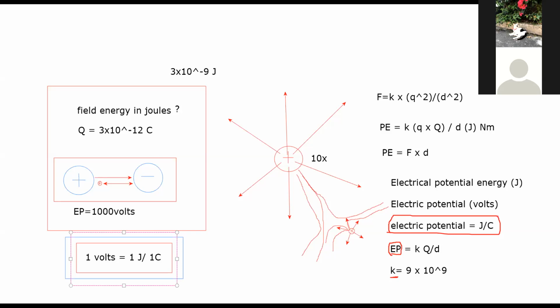I'm so confused. How do you find volts? Okay, so for example, if you do 10 joules of work.